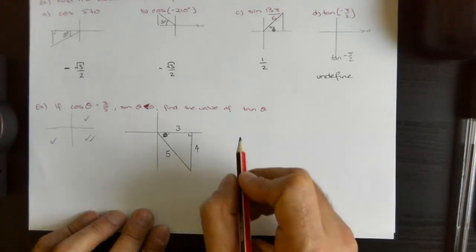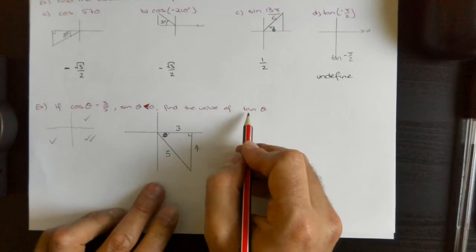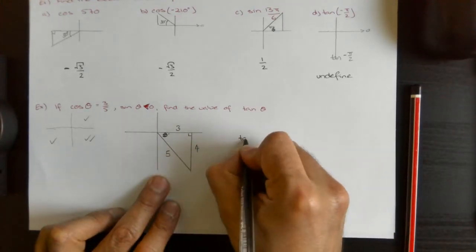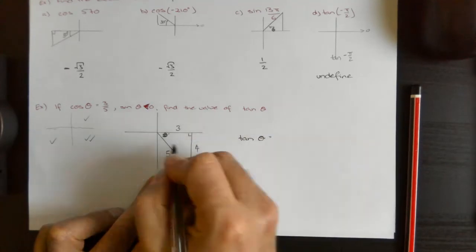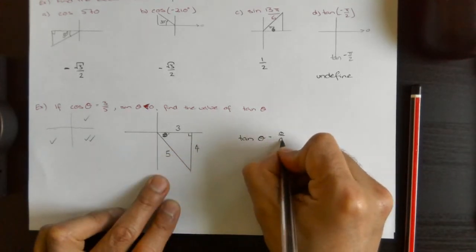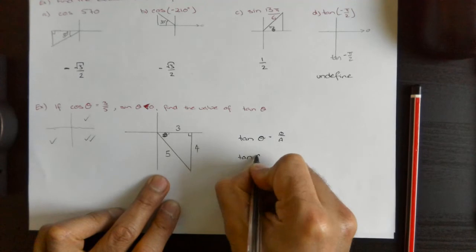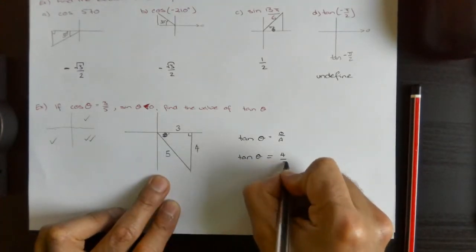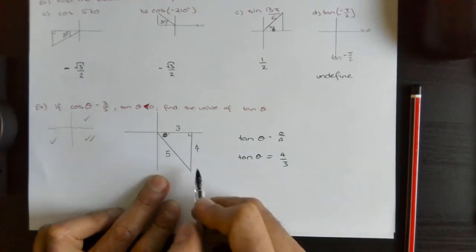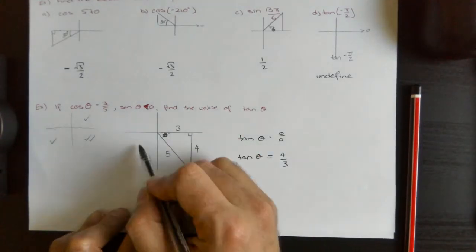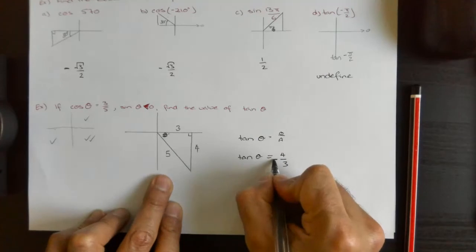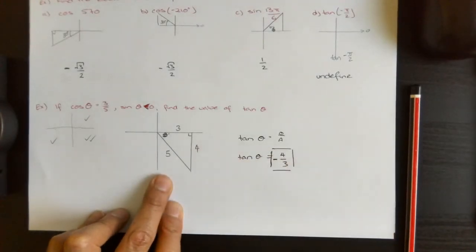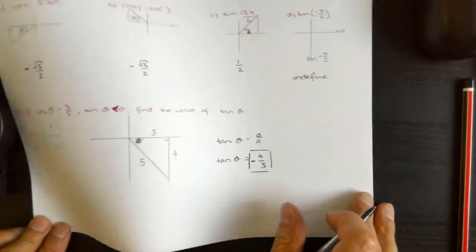It wants us to now find the value of tan theta. Well, tan theta in this case is opposite over adjacent, so it's going to be 4 over 3. And tan is negative in this quadrant, so that's our solution, negative 4 over 3.